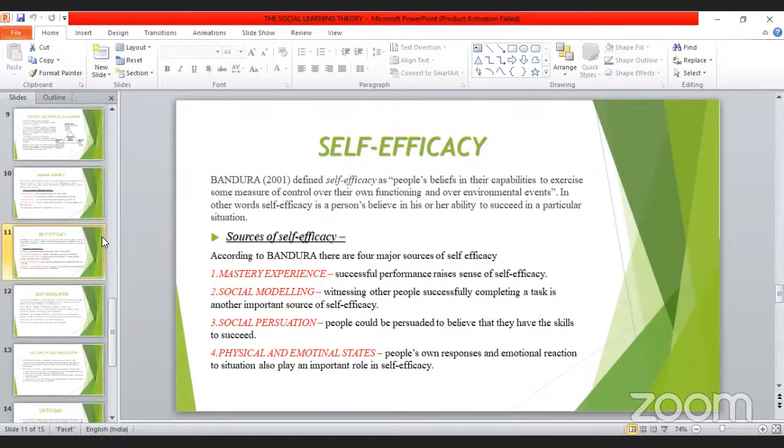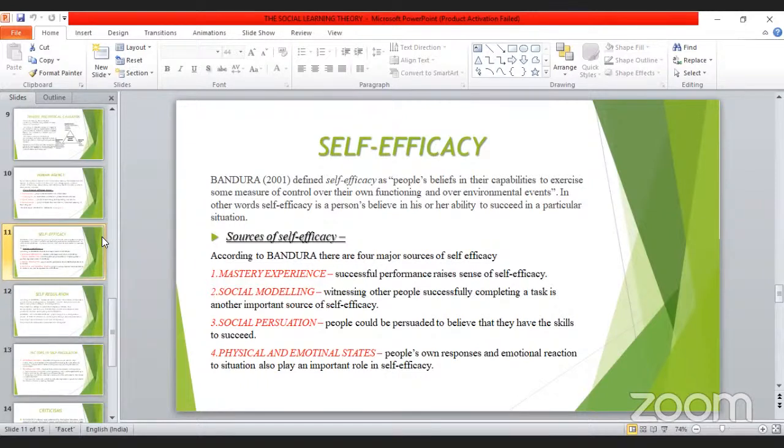So what are the sources of self-efficacy? First is mastery experience. Mastery experience is very important to increase our self-efficacy. Successful performance increases self-efficacy in proportion to the difficulty of the task.